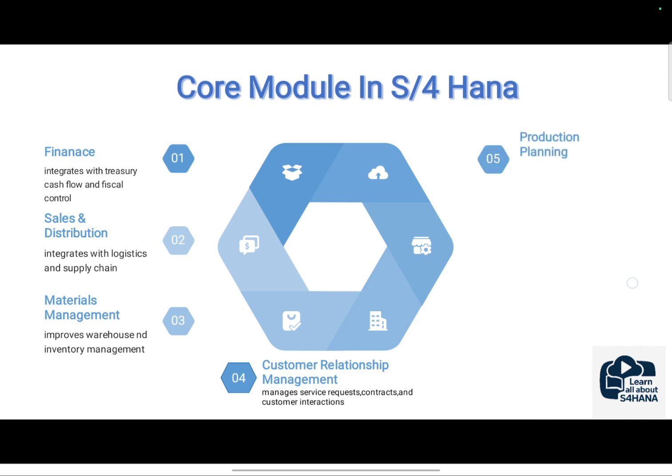Next is production planning, where it integrates with quality management. In this module, the focus is on planning and managing the entire manufacturing process, from capacity planning to production order management.